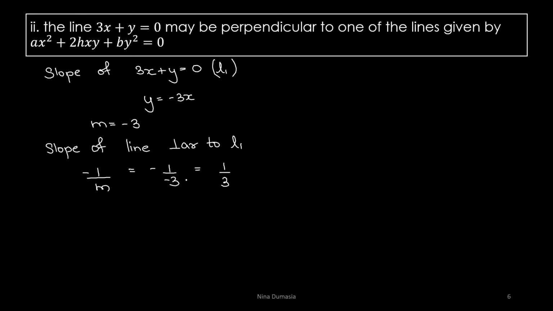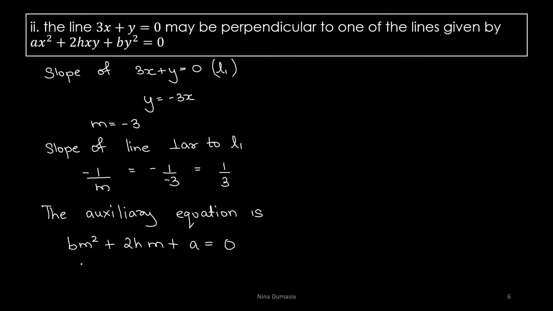Okay, now this should satisfy the auxiliary equation of that pair of straight lines. So the auxiliary equation is, m' = 1/3 satisfies, we can call this as 1.